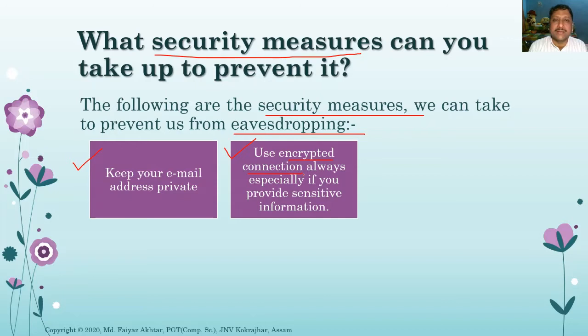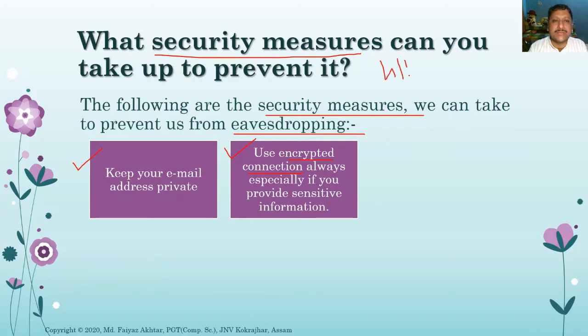The authorized person who receives those messages gets it decoded, and if any person in between gets this information, they won't be able to decode it. This makes your information safe. So an encrypted connection must be used. How can we get an encrypted connection? Just see that the website we are going to open must contain HTTPS.